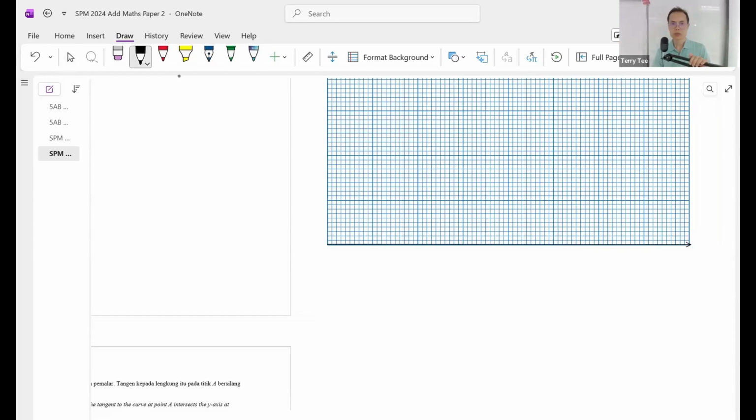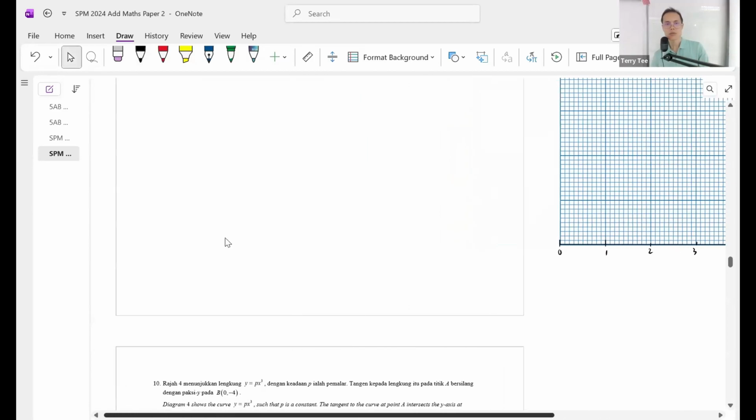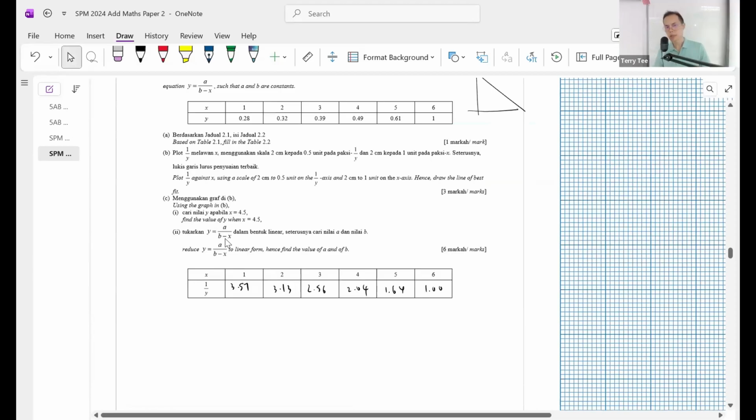So this will be 0, 1, 2, 3, 4, 5, 6. This is your x. Your y value, the smallest is 0.5, the largest is 4.